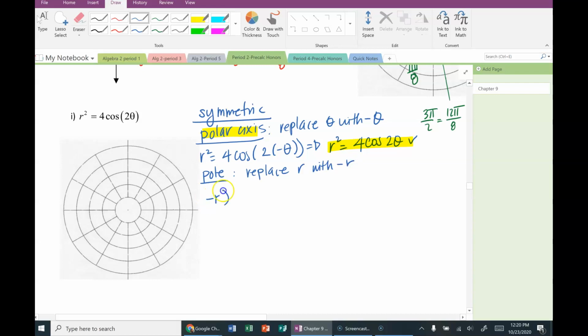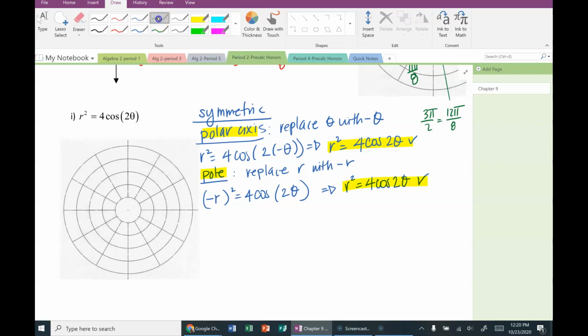So negative r quantity squared equals 4 times cosine of 2 theta. Negative r quantity squared is definitely going to be the same, so we know it works. r squared equals 4 times cosine of a double angle. That works as well. Highlight that.